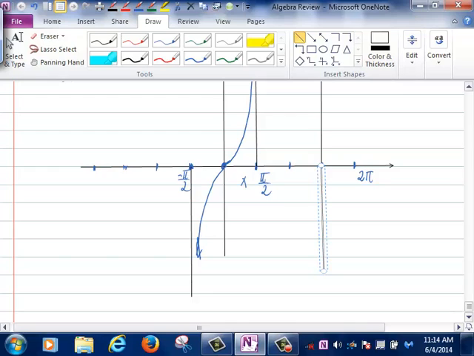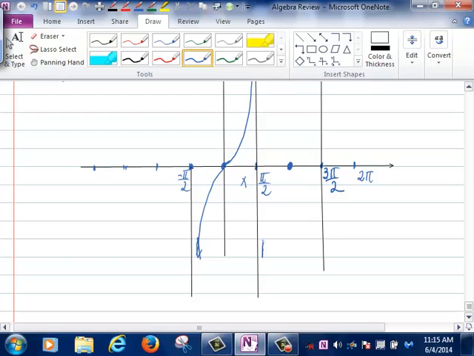This is where you have pi over 2. So okay, so here is pi, and this is 3 pi over 2. So what's happening between pi over 2 and 3 pi over 2? Well, same thing.